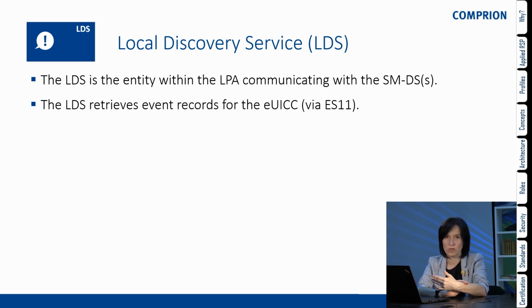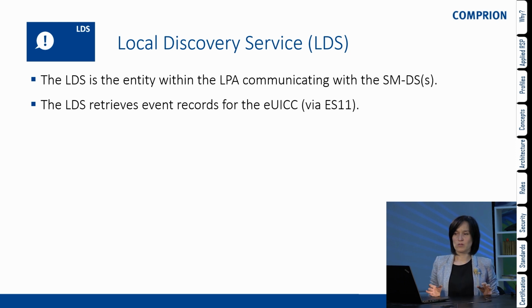It's always difficult to explain something in the correct order, because when you start to explain one part, you need the explanation from other parts and the other way around. But for the moment, just remember there are some event records, or events planned, and they are recorded on the side of the eUICC.